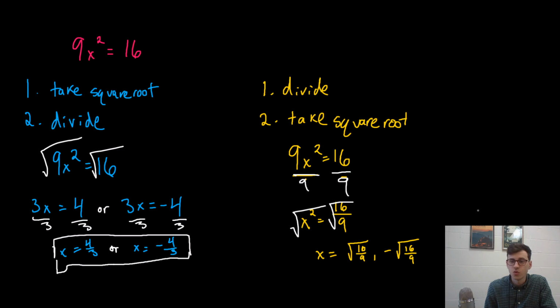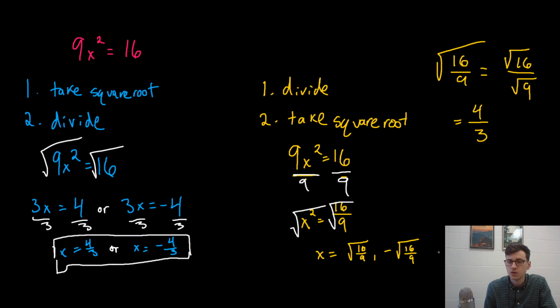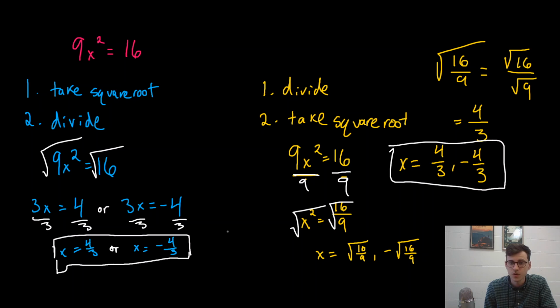Now, square root of 16 over 9 is equal to the square root of 16 divided by the square root of 9. Square root of 16 is 4, square root of 9 is 3, so x equals 4 over 3 and negative 4 over 3. Again, the same as what we had over here. So both of those are fine ways that you could solve this problem.